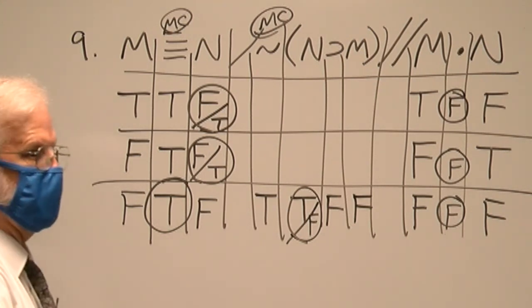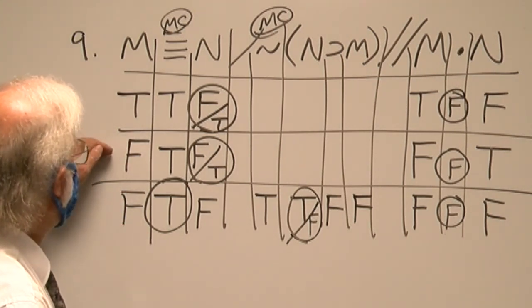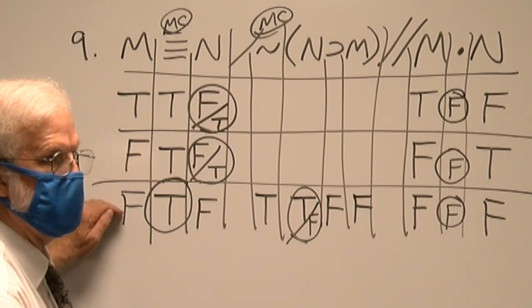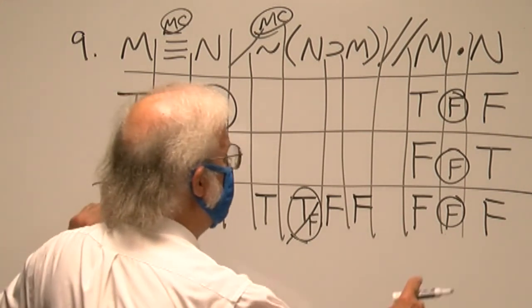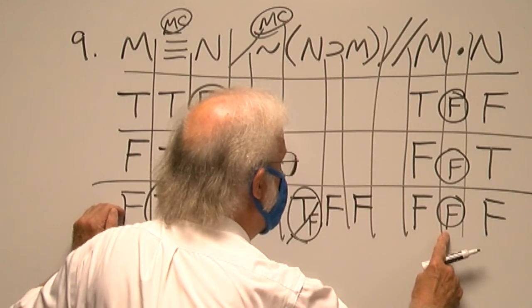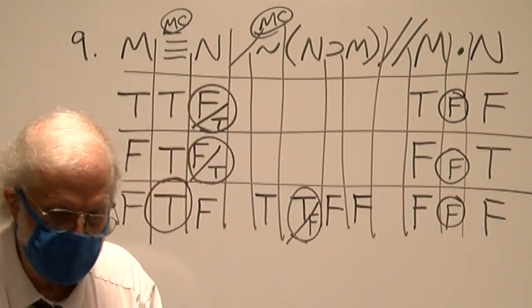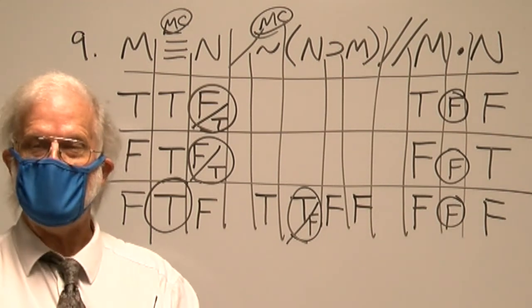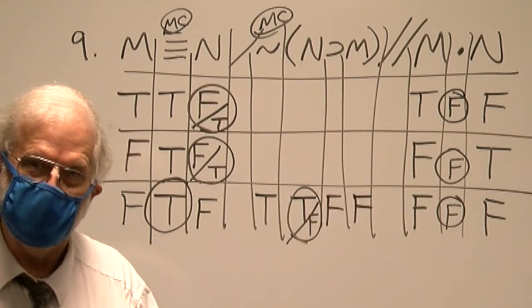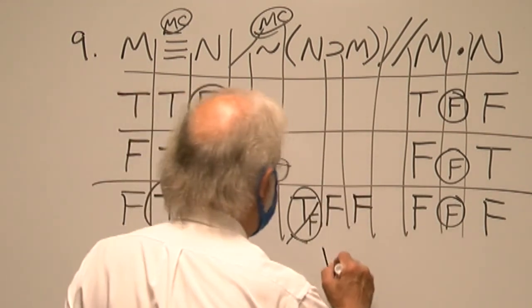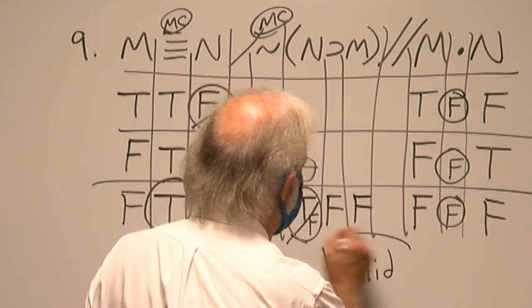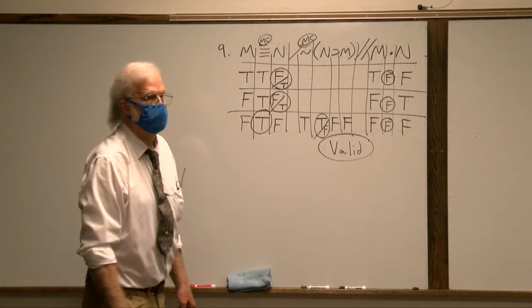What that means is that there is no way that I can consistently assign truth values making the conclusion false and the premises true. I cannot prove that it's invalid, and if I can't prove that it's invalid, I've indirectly shown that it's valid. Boom.